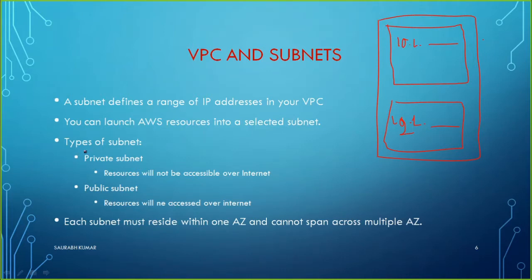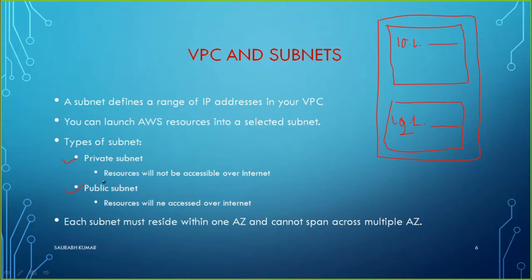The third point is, the types of subnet can be two: one is private subnet, one is public subnet. Just like the way IP addresses are, you can use a public IP address range or a private IP address range. Accordingly, there are two types of subnet.